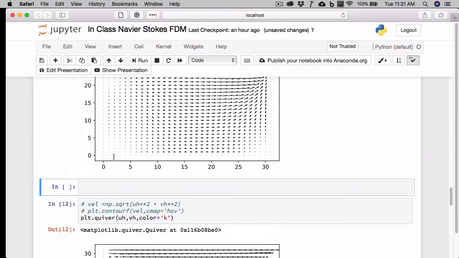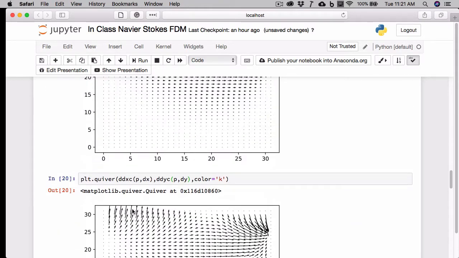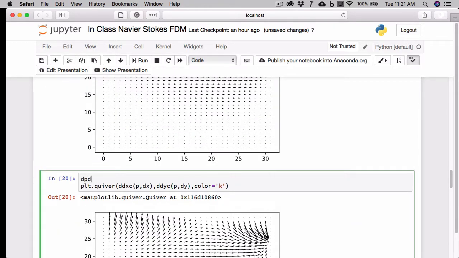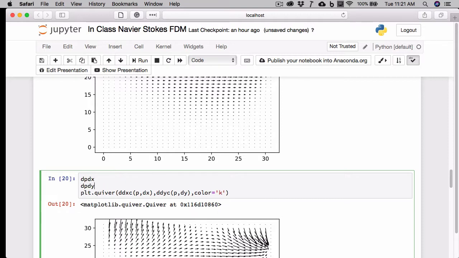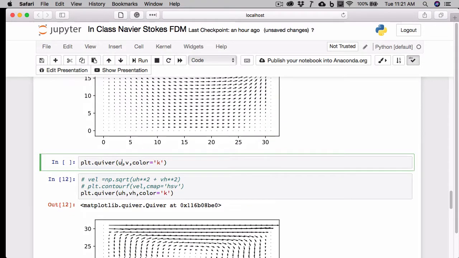So let me actually show you this. If we do the quiver again, let's call this dpdx, dpdy. That's dpdx. Then I claim if you do u tilde minus dt times dpdx and then v tilde minus dt times dpdy.